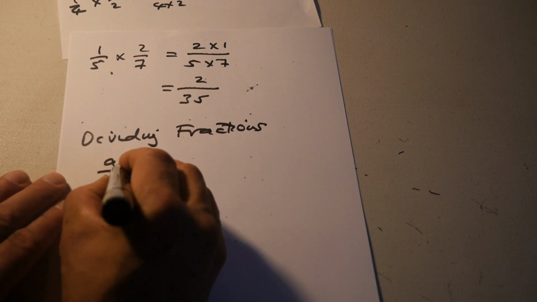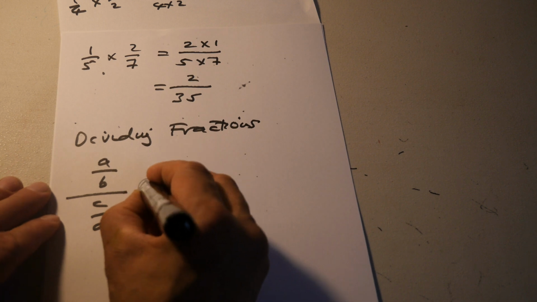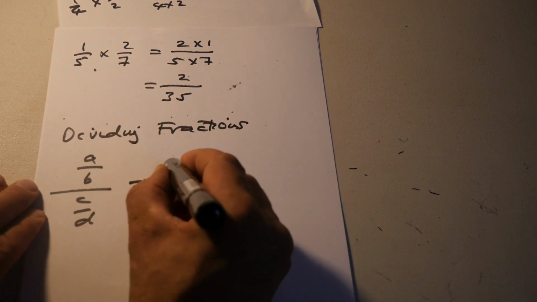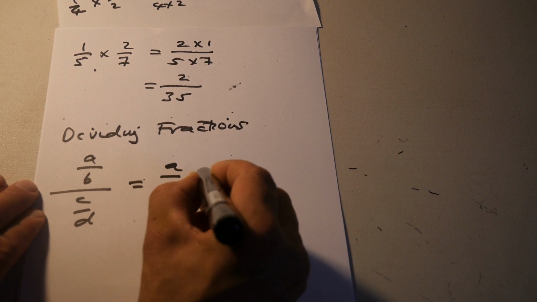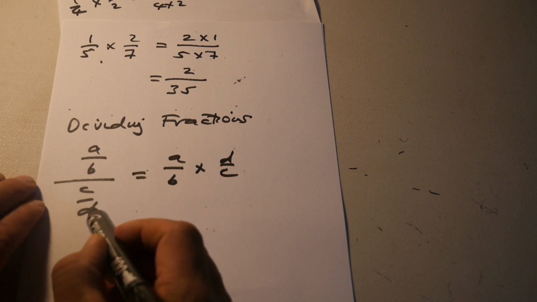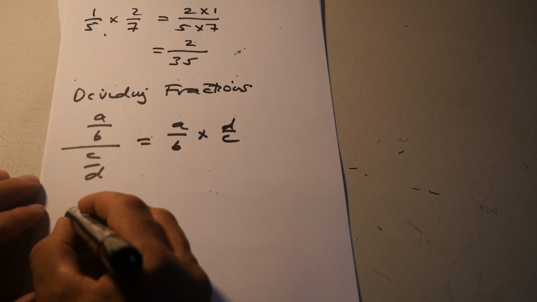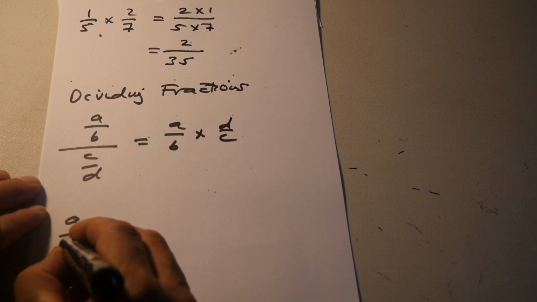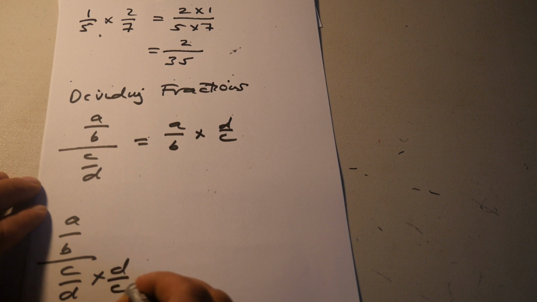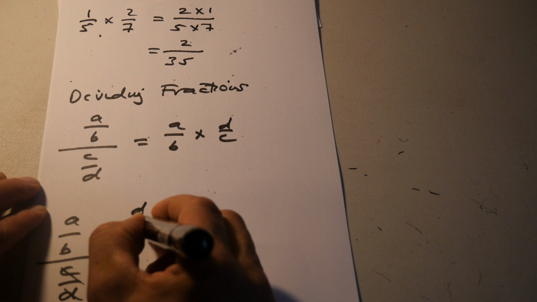So you have A over B divided by C over D. That is equal to A over B times D over C, because you multiply top and bottom by C over D, like this. A over B divided by C over D, times D over C. These cancel, times D over C.